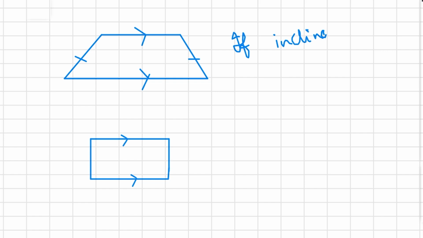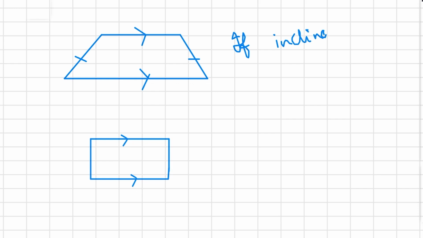Now, your question was B, right? What is the shape now? We can say it's a trapezoid. Trapezium for sure. Under B, you can write trapezium with pencil.